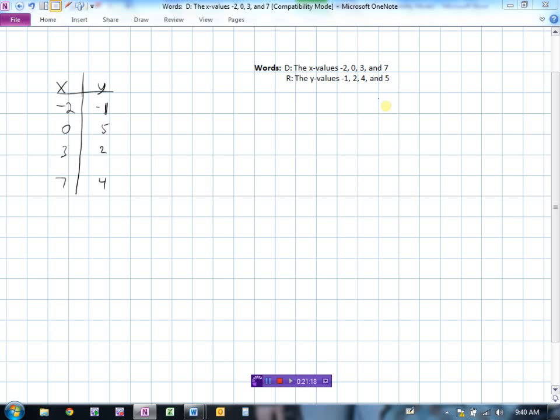That's fairly typical. We could use the set notation. So set notation would be, for domain, the set of all x values such that x equals, and you'd have to list them out here.